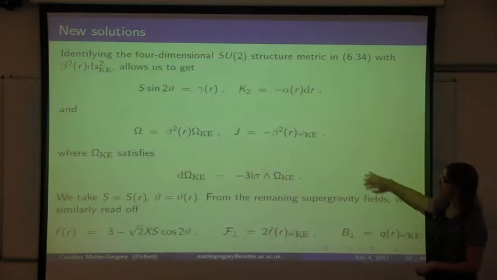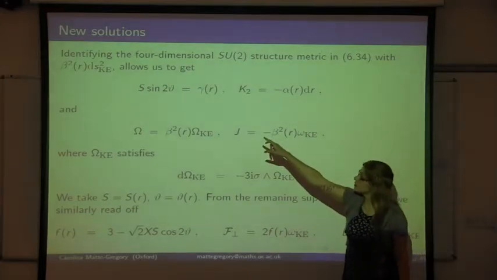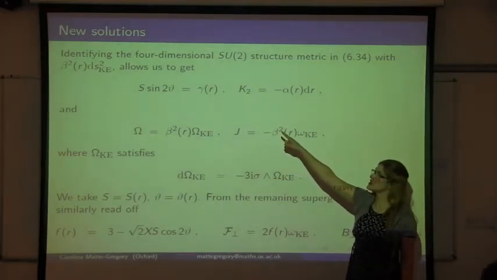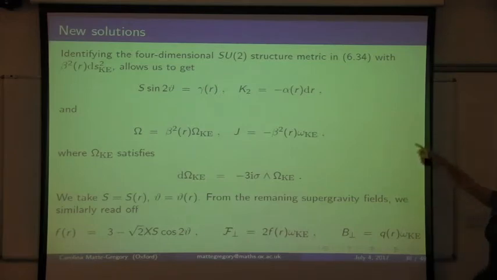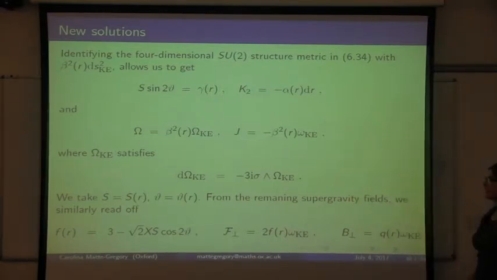Now, just looking at this ansatz and looking at the conditions that we've got from those bilinears, what we get is really just the identifications. So this is from the K1 part of it. So K1 already gives us what gamma looks like, and then K2, and then we can look at omega and J. This equation also came out at some point, also coming from differential constraints, but it happens here as well.